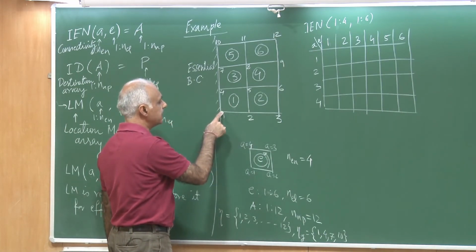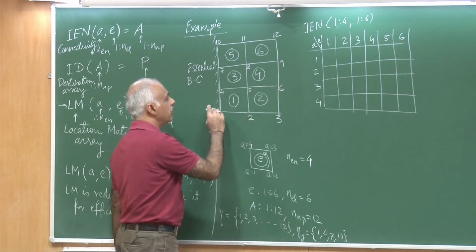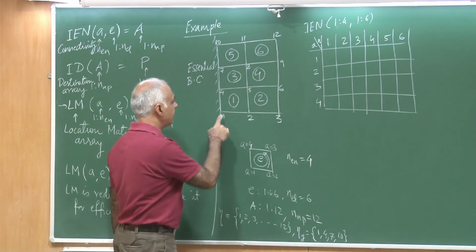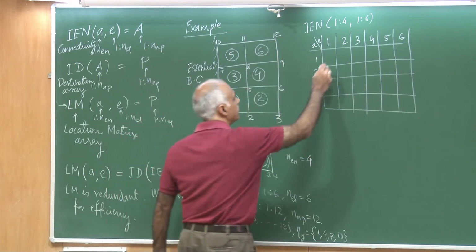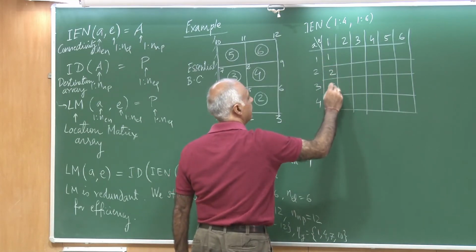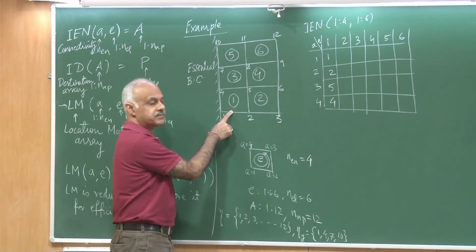And you can see these are 1, 2, 5, 4. So, if I have the coordinates of all the 12 nodes, then of them these nodes, which I will write here 1, 2, 5, 4, they make the first element.